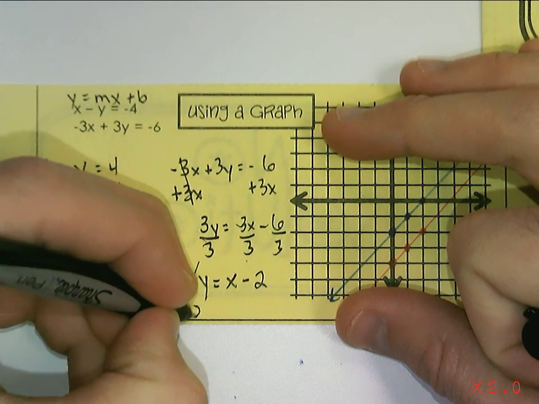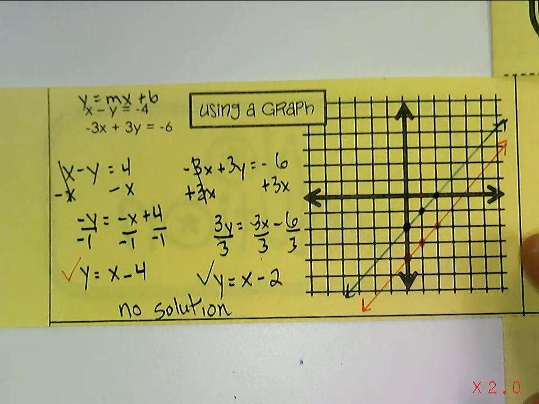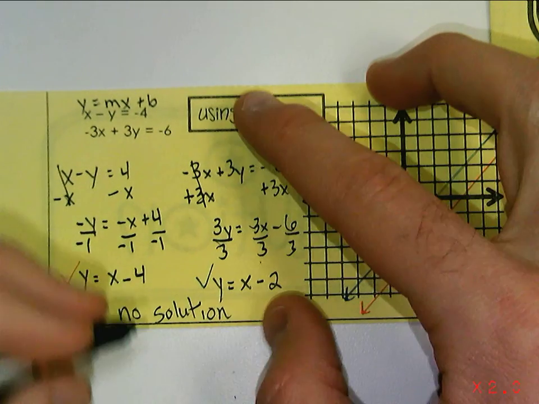Since they do not cross, and since they will never cross, they're never going to intersect at a point, so that means there's no solution to this one. And one way to absolutely know if this is the case is by looking at our slope and y-intercept. So if you're just given lines and you're not asked to graph it, sometimes you can just realize that it has no solution by looking at a couple of things.